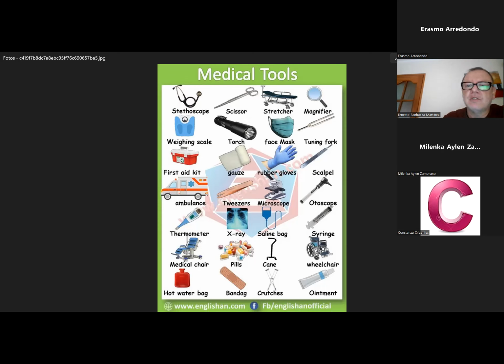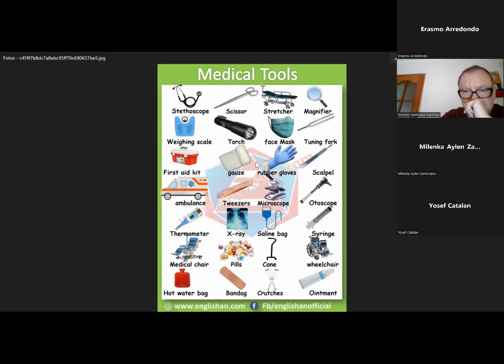Okay, excellent. What about this, Joseph? Can you say that? Rubber gloves. What do we use rubber gloves for? Don't contaminate the patient and me. Okay. Not to contaminate the patients. Can you say that?